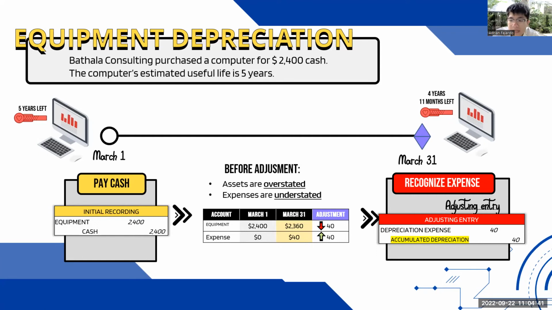Pero equipment is a special case wherein I'll introduce a new account called accumulated depreciation, which is still an asset, particularly a contra asset, at 40. So now, basically, again, the journal entry for this is debit depreciation expense of 40, and then ACDEP credit of 40. In essence, it's the same thing. Pinapababa ni ACDEP si equipment to 2,360.